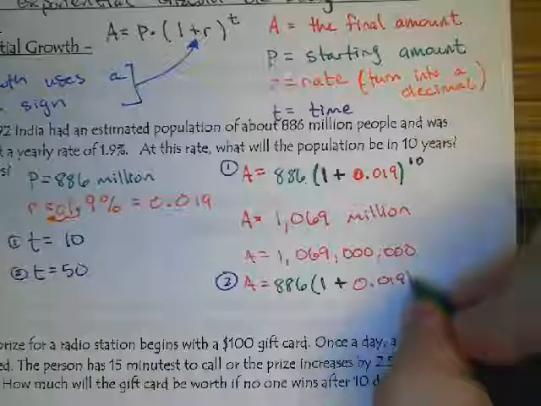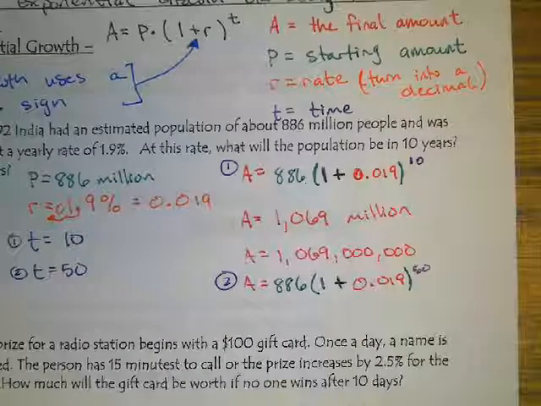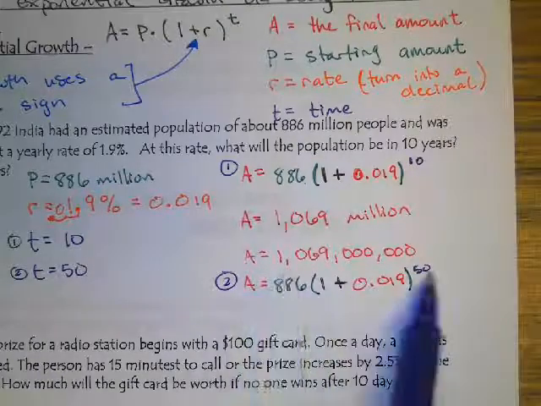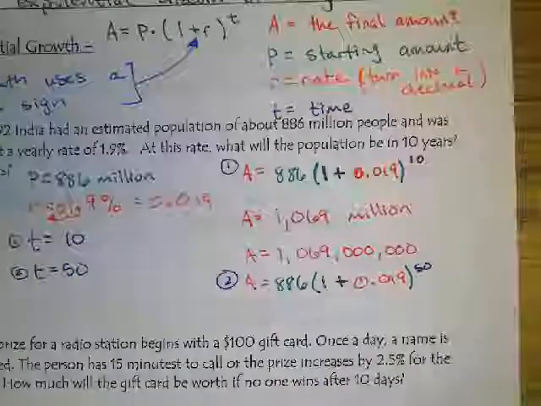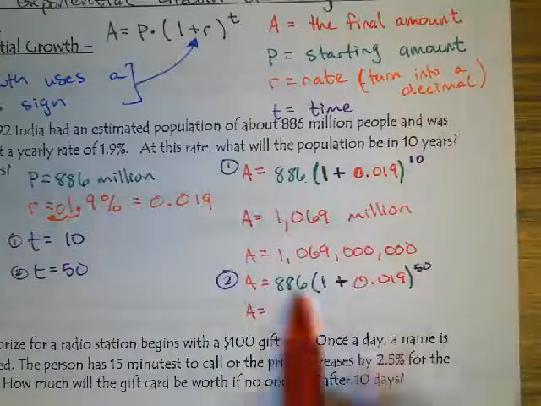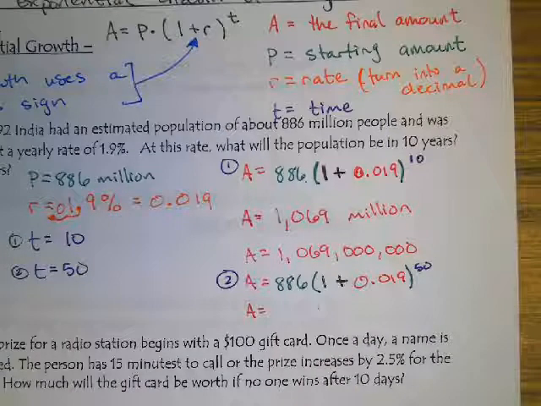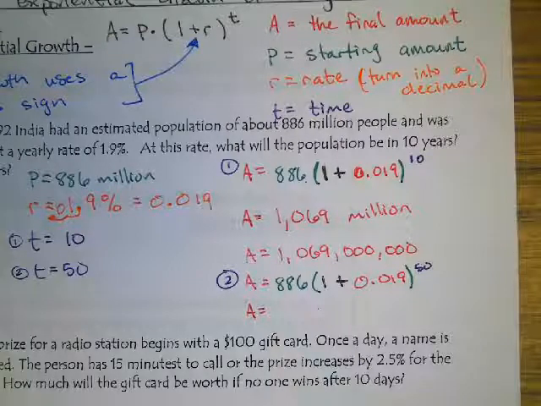And then we raise this to the 50th. Again, just type this exactly how you see it into your calculator, and then you'll get your final answer. So we just have to simplify that. But I'm going to move on. So that's how we can use this equation to find increase, or growth, I should say.